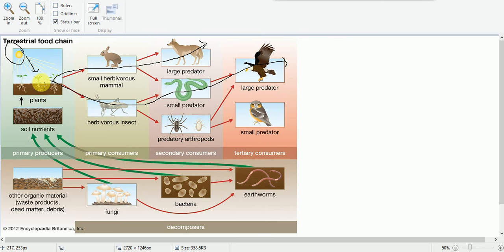Again, we have plants eaten by herbivores, then predators, for example spider, then eaten by owls and others. So in this way, we have different types of food chains on the earth surface and in the water also.